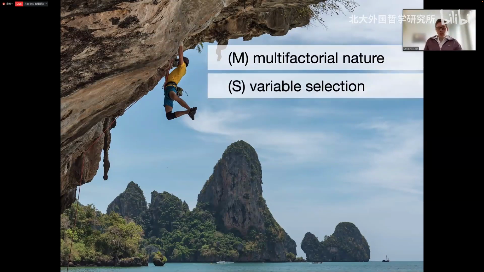The second challenge directly derives from this first challenge. It's the issue that's also known as variable selection. So what factors should we even consider potentially relevant, and how can we distinguish them from background conditions? That is, what aspects of a patient's development and or their surroundings should be included in a mental disorder model?